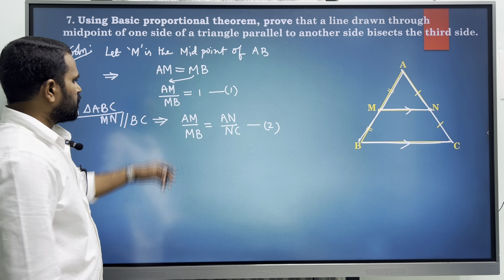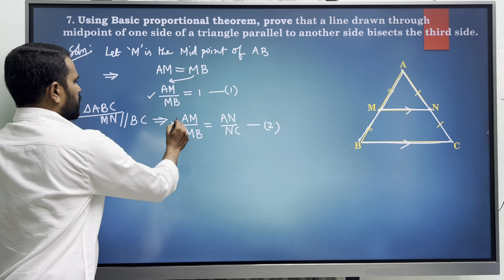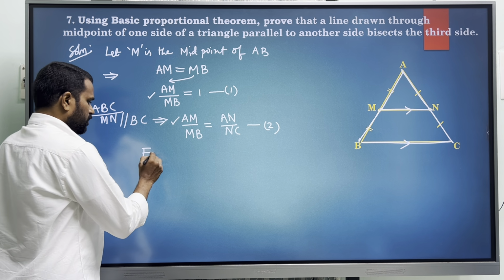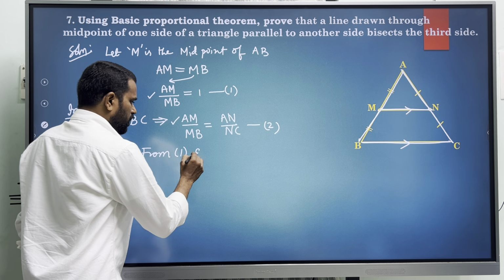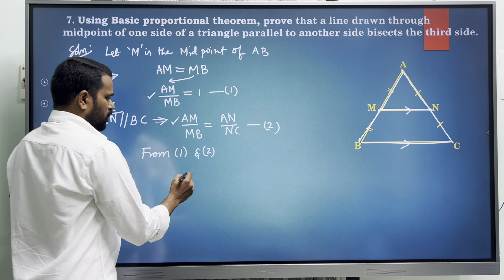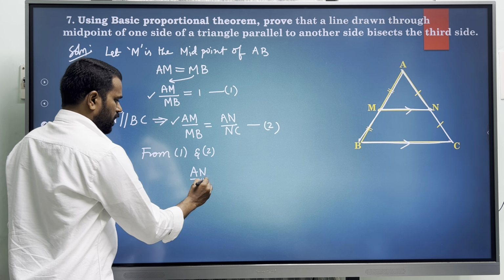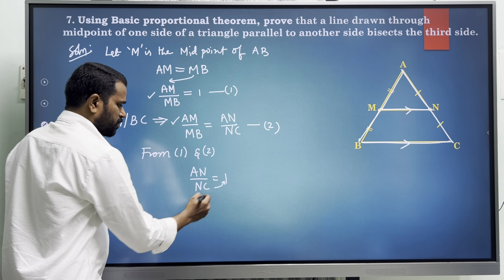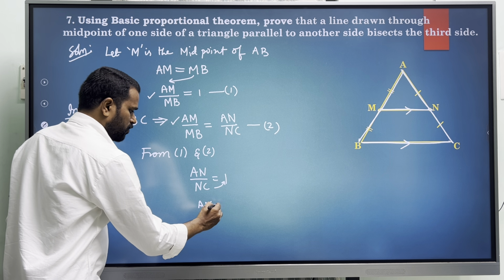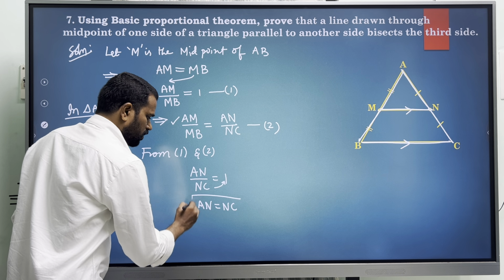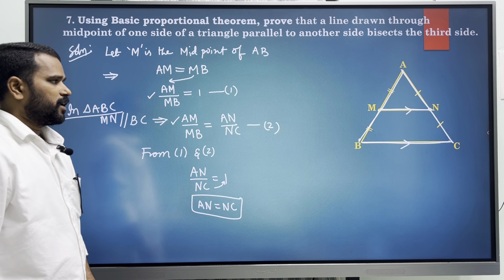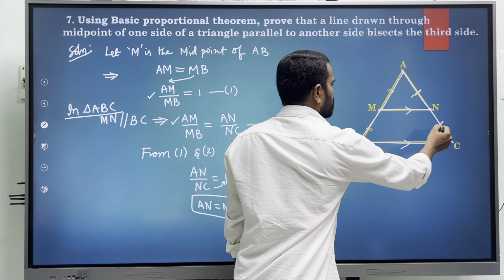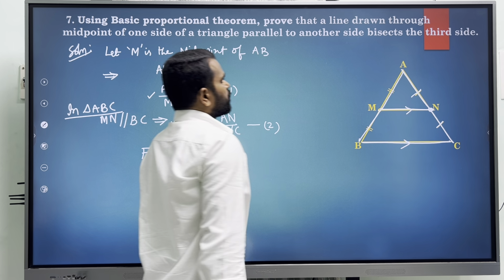Here the LHS is the same, so the RHS should be the same. So from 1 and 2, AN by NC equal to 1. If you cross multiply, AN equal to NC, which means N is the midpoint.